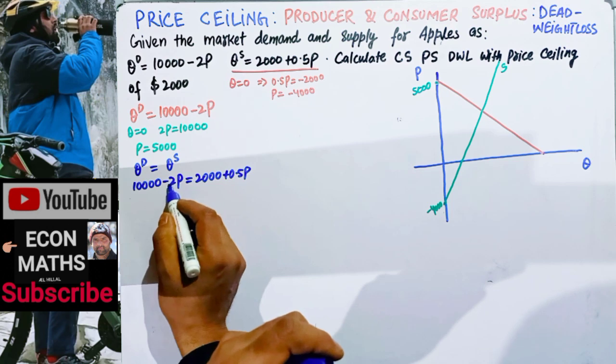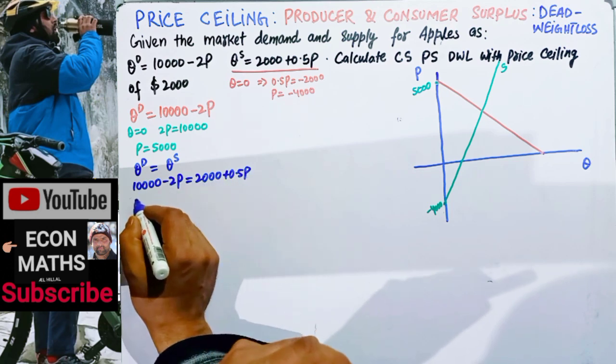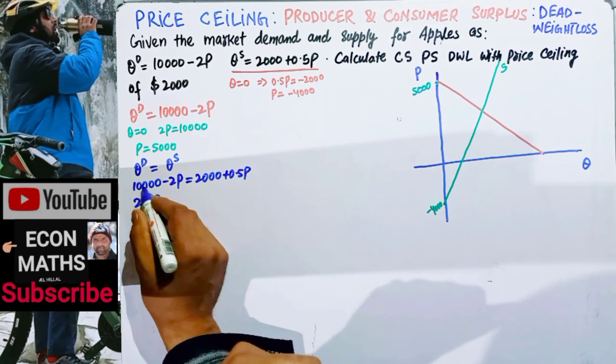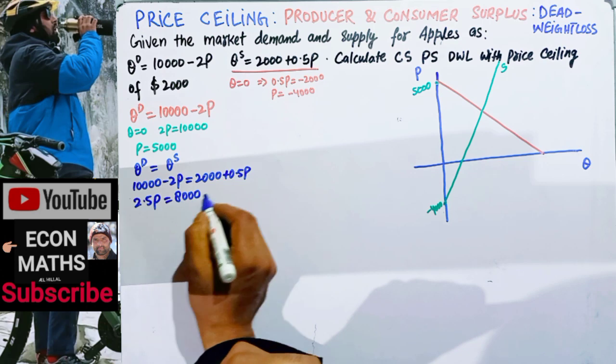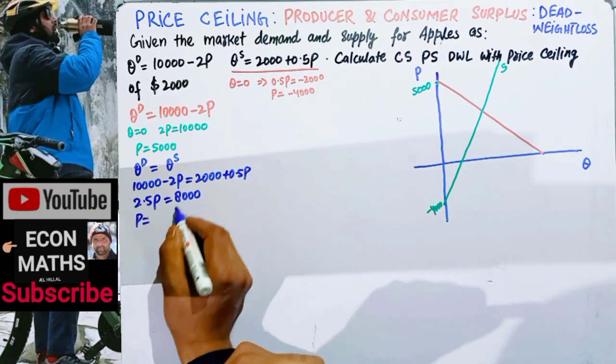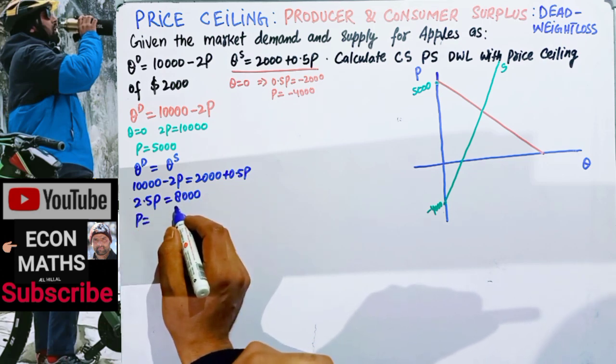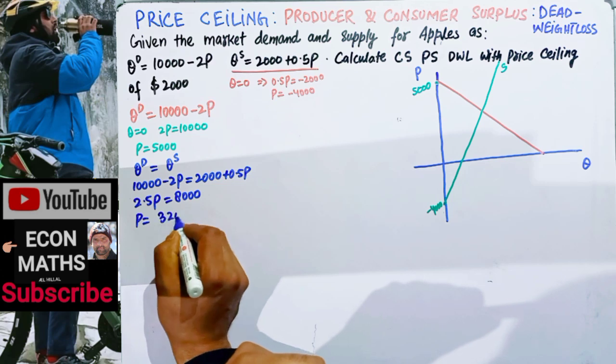So minus 2p minus 0.5p comes out to be 2.5p. 10,000 minus 2000 is 8,000, which gives us p will be equal to 8,000 upon 2.5. It will come out to be 3200.